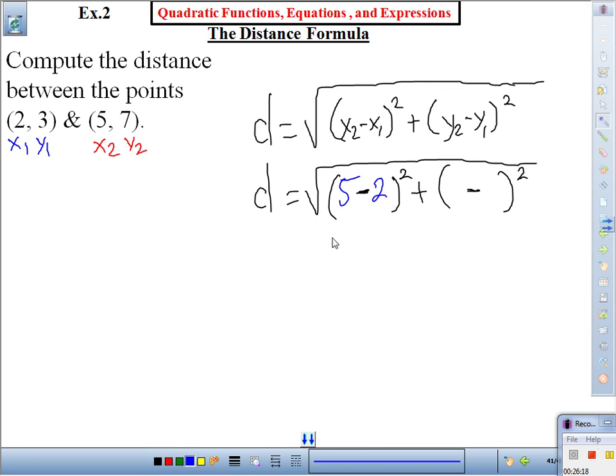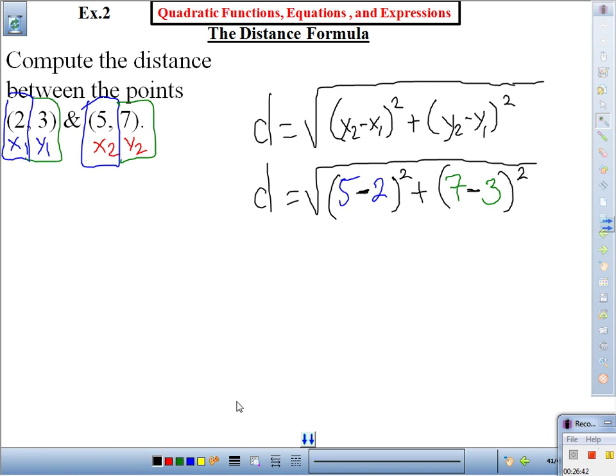5 minus 2. You got that? Yeah. All right. Next, what goes here? 7 and 3. Yep.